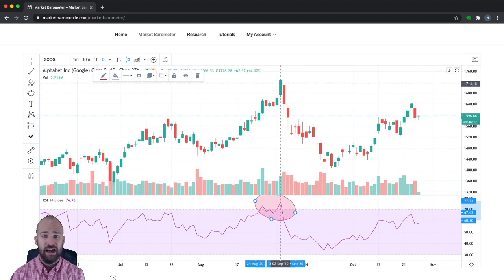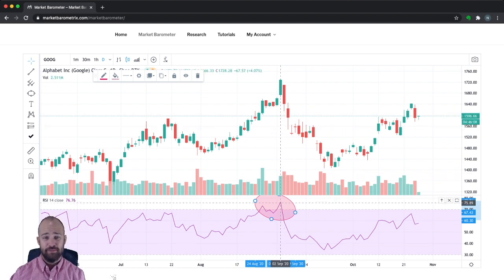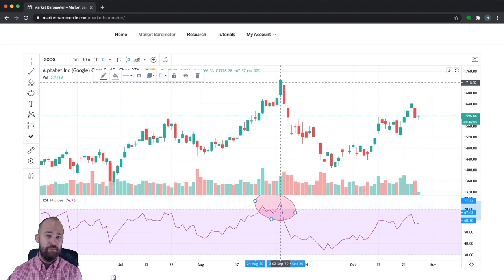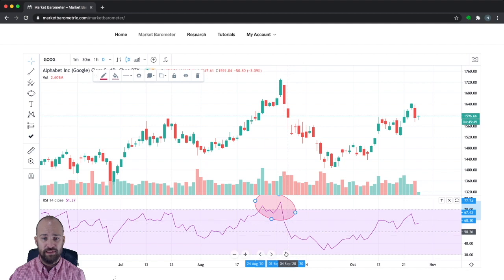This second push higher, however, was met by an even more extreme overbought reading in the RSI. And this push higher in price ended up being an exhaustive push higher and did finally lead to a big correction in price. And you can see that the overbought condition in the relative strength index also was relieved as price moved down.